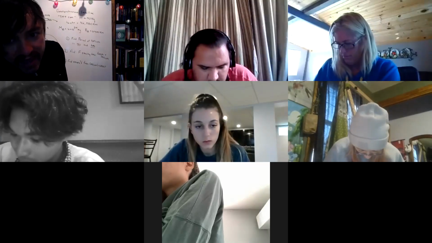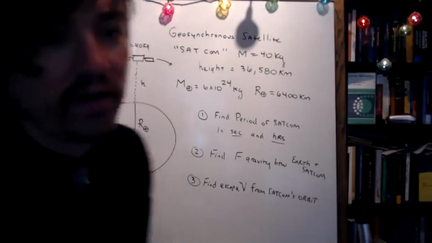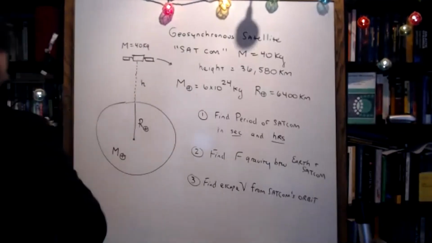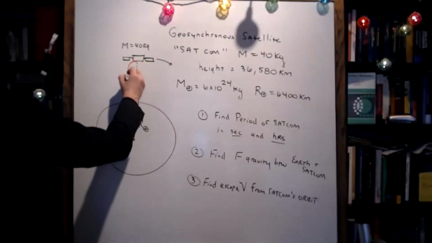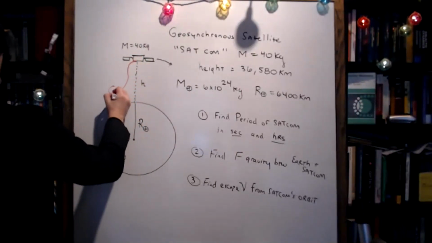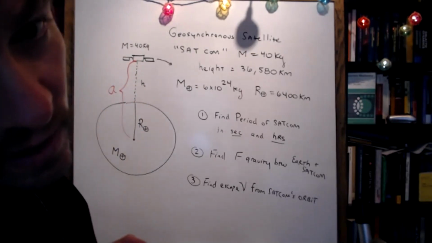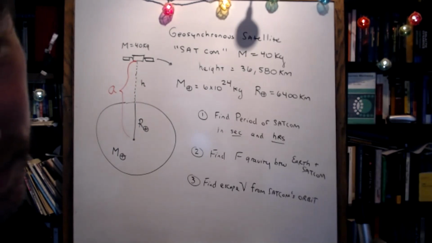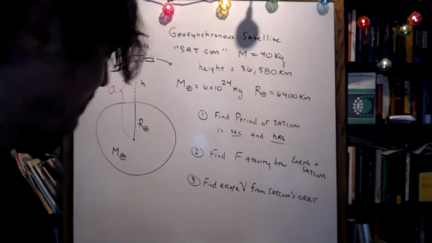Here's the next hint, Devin, a very important hint. A is the radius plus the height. To answer your question more properly, Devin, A is the semi-major axis of orbit, which is kind of like the radius of orbit.